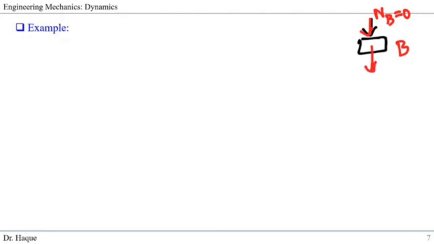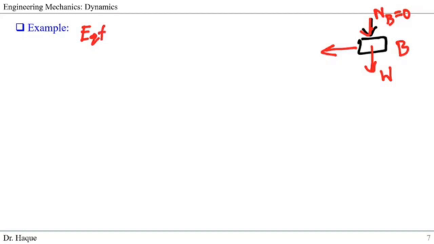The weight is always active, so the weight, which is mg, and there is also a tangential force because the box is moving, but we're not interested in the tangential part. We also talked about that most of the time we have to use the equation of motion.